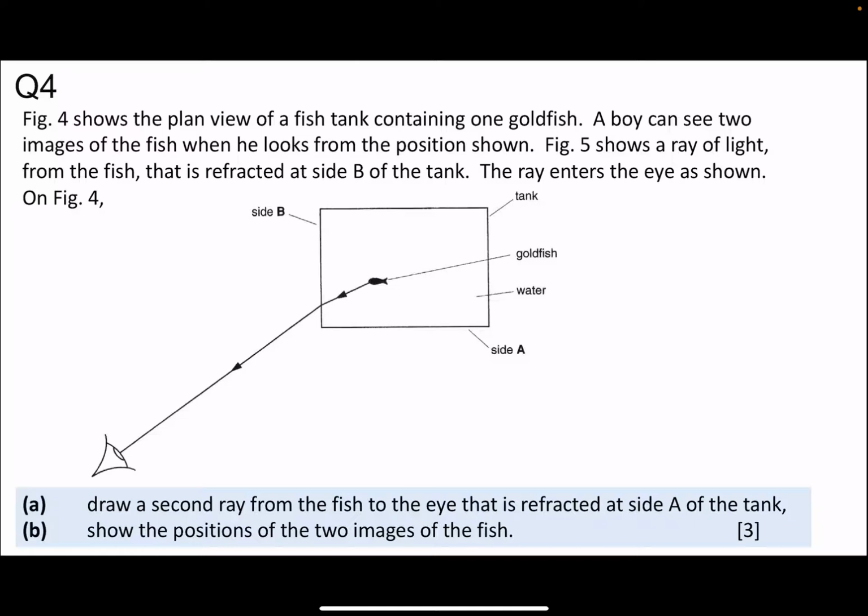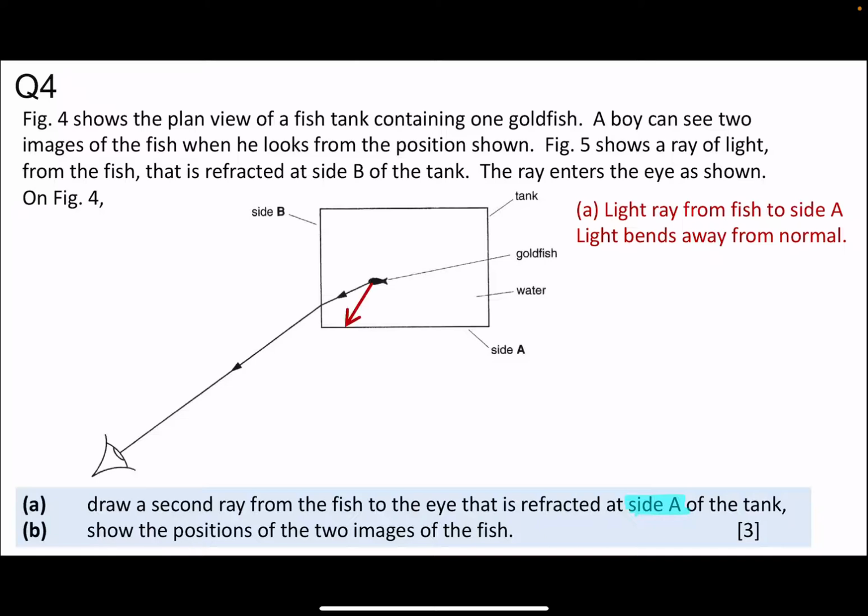The light ray enters the eye as shown. Draw a second ray from the fish to the eye that is refracted at side A of the tank. So, when light travels from the fish to side A, light will refract and bend away from the normal.